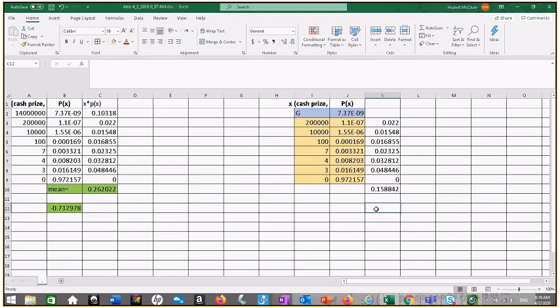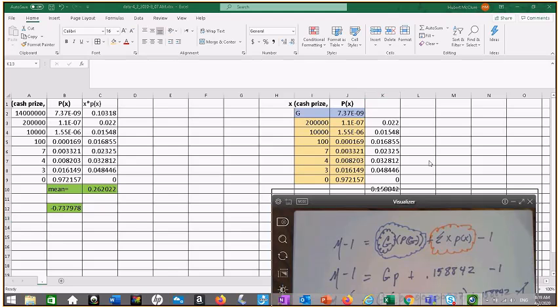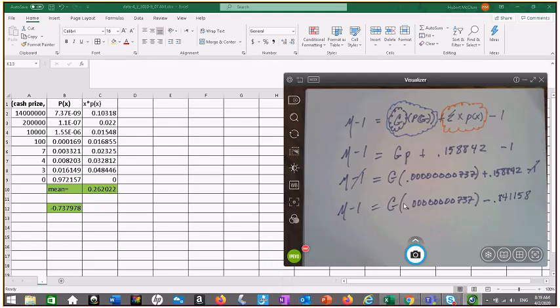Let's go down here, and that's going to equal this number minus 1, and theirs are negative 0.841158. Now we've got it looking like what they want. All right.